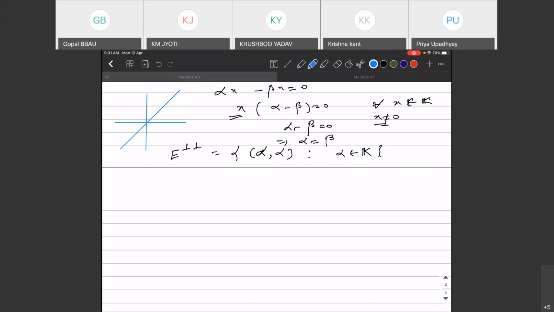In other words, this (alpha, alpha) is the subspace generated by (1, 1), the span of (1, 1). Do you see this?